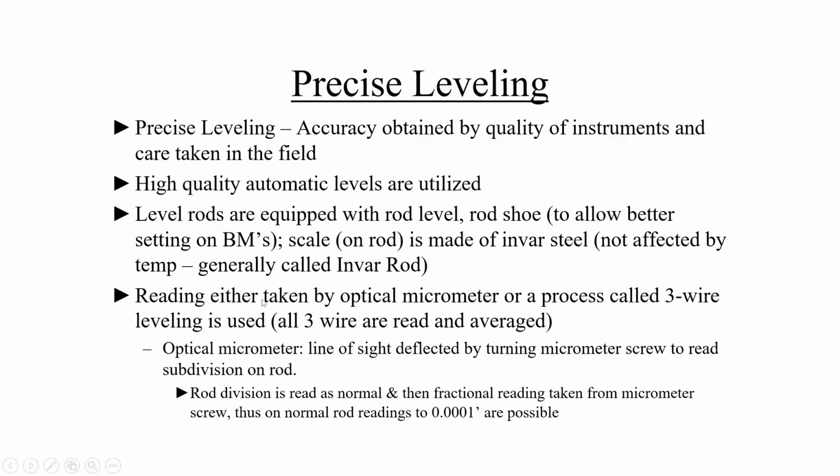Readings are either taken by an optical micrometer or a process called three-wire leveling is used. All three wires are read and averaged. With an optical micrometer, the line of sight is deflected by turning the micrometer screw to read the subdivision on the rod. The rod division is read as normal, and then the fractional reading is taken from the micrometer screw.